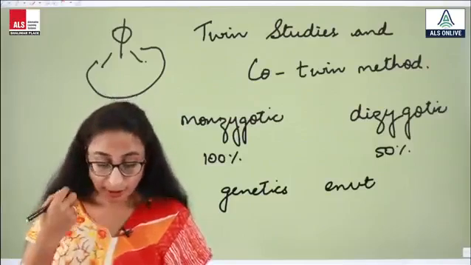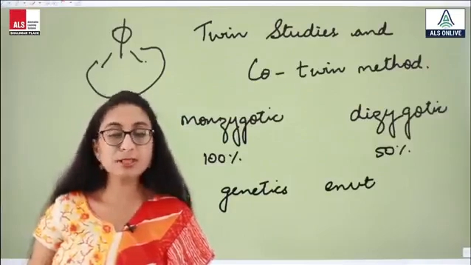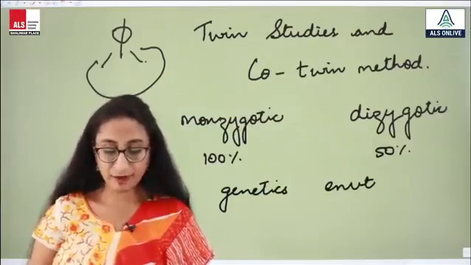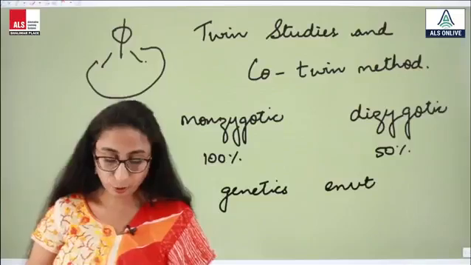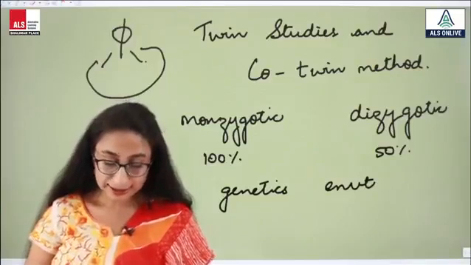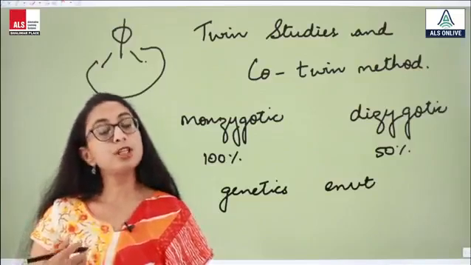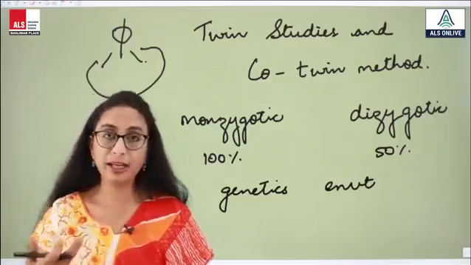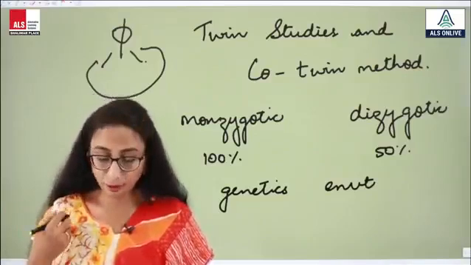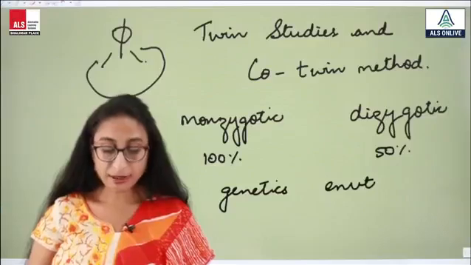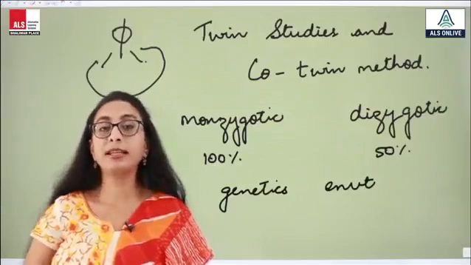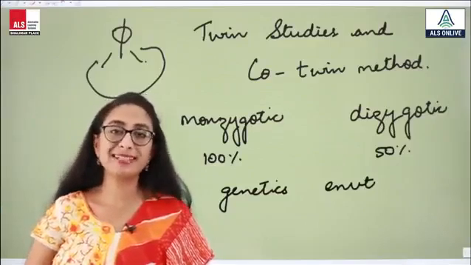Okay, so the classical twin method examines to what extent the genetic and environmental factors contribute to the variation of a trait, and it says that monozygotic twins not just share their DNA or the genetic material, but they also have a similarity in the upbringing and the early environment.